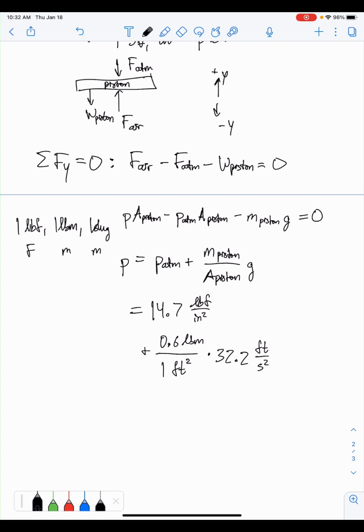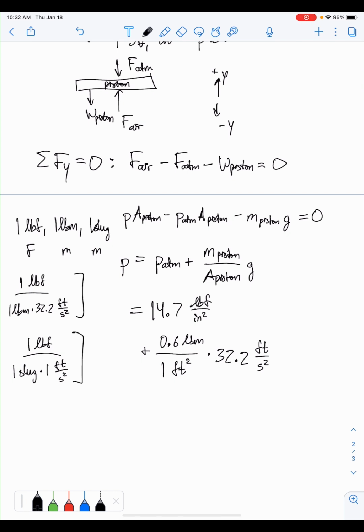Relying on dimensional analysis, I believe this is the conversion between these 3. 1 pound force is 1 pound mass times the gravitational constant. And 1 pound force is 1 slug times 1 foot per second squared. So I believe these are the correct relations between these 3 units.